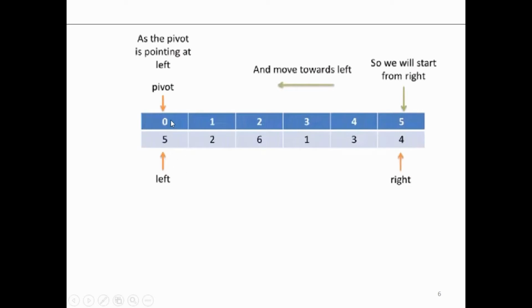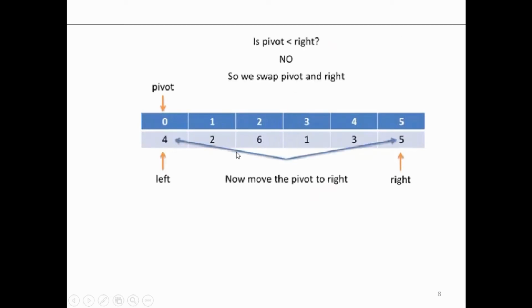Here the pivot value is 5 and the rightmost element value is 4, so we move the rightmost element towards the pivot. Now we swap the pivot with the rightmost element, and the new pivot is on the right side, and this is 5.